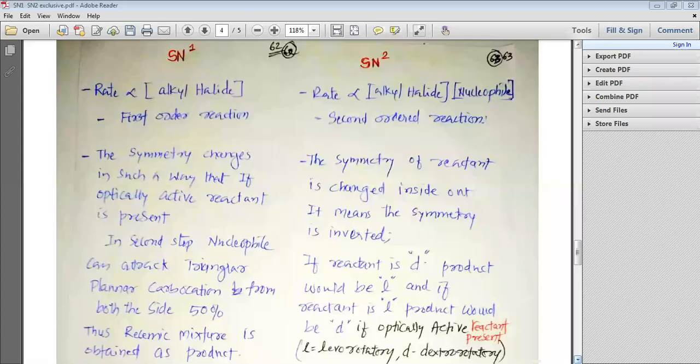Now the rate of the reaction, my dear students. The rate of the reaction for the SN1 mechanism is directly proportional to only the alkyl halide, and that is why it is a first order reaction.